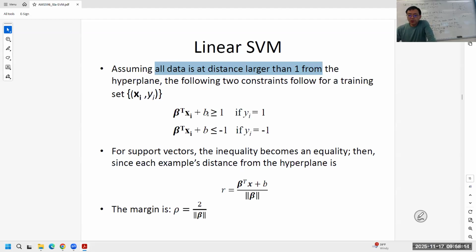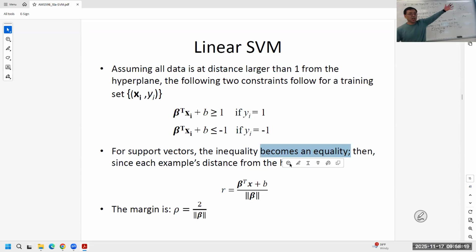Now, for support vectors, the inequality becomes equality. If you're sitting on the boundary of the two groups, then the distance is exactly 1. Since each example's distance from the hyperplane is, as we said before, r equal to beta transpose x plus b divided by the norm of beta, the margin rho is 2 divided by the norm of beta. The distance from here to this one is 1.